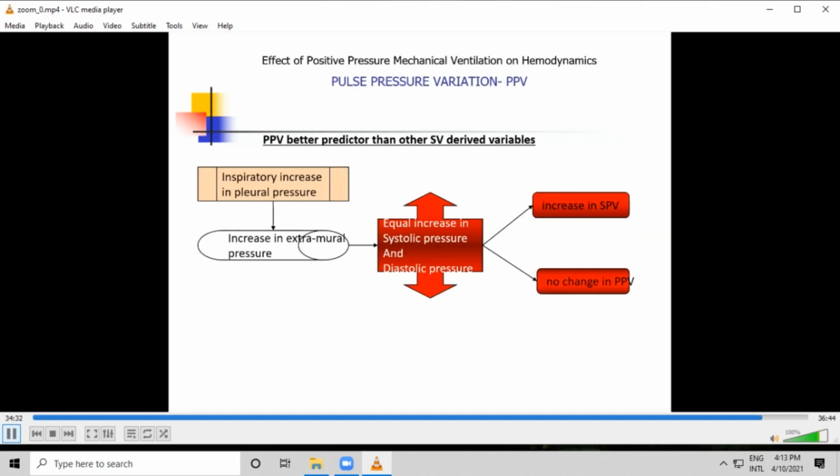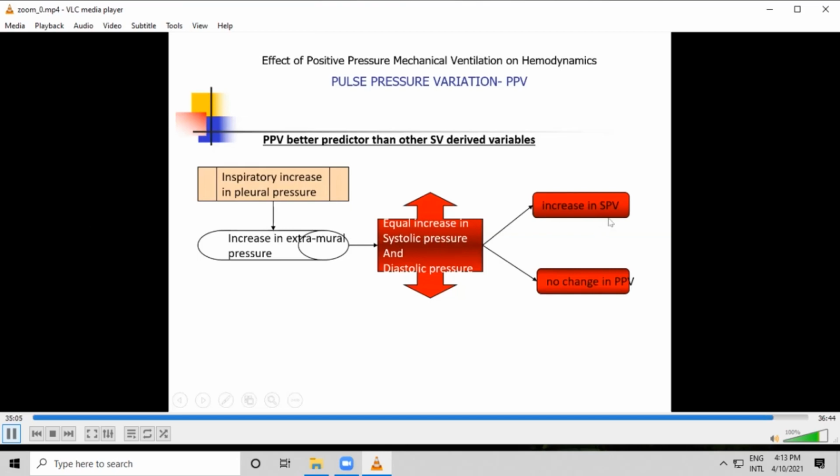So the increase in systolic pressure variation can be seen with equal increase in systolic and diastolic pressure, but isolatedly there will be increase in systolic pressure, but since there is an equal increase in diastolic pressure, there won't be change in the pulse pressure variation. Clear?